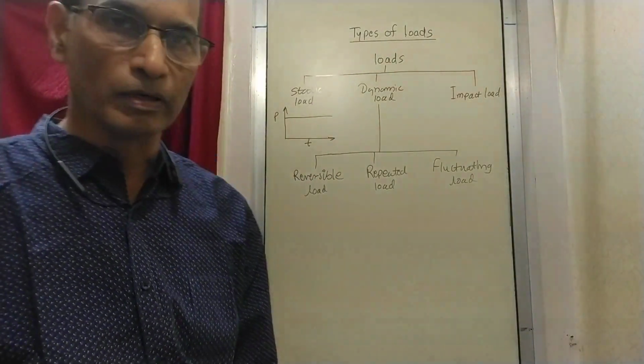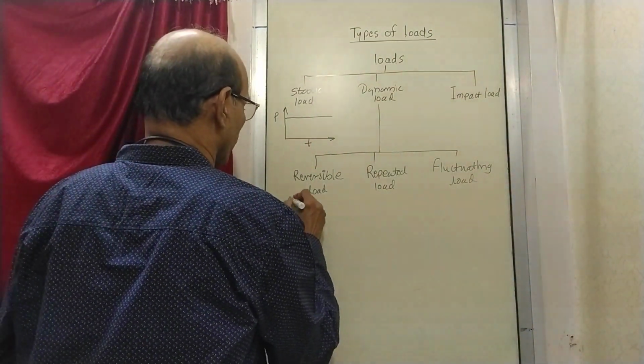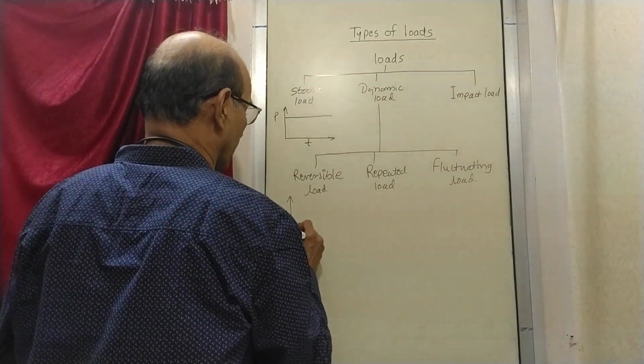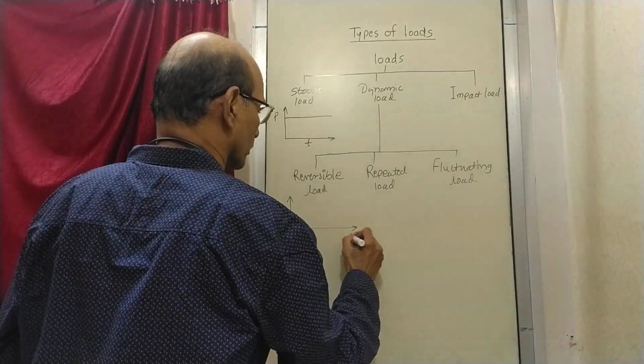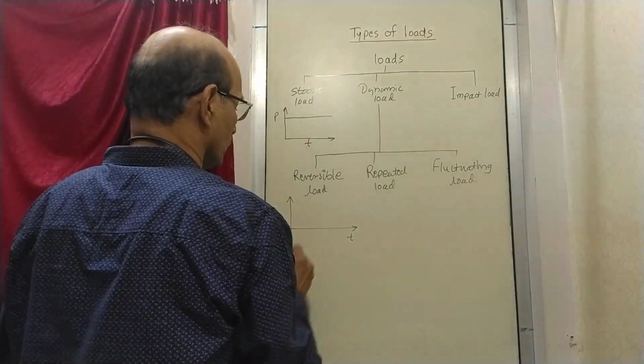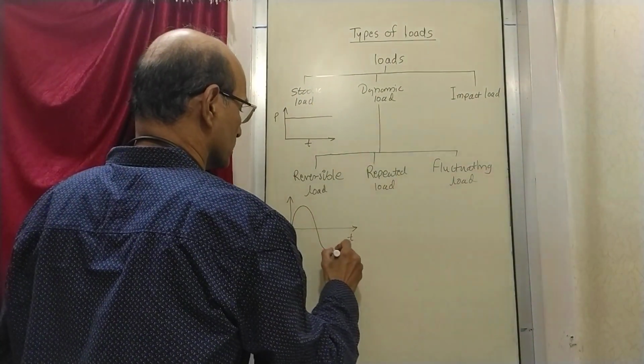Now what is the meaning of reversible load? Reversible load means, if we again try to draw this in the form of a graph, time versus load, this will vary like this.